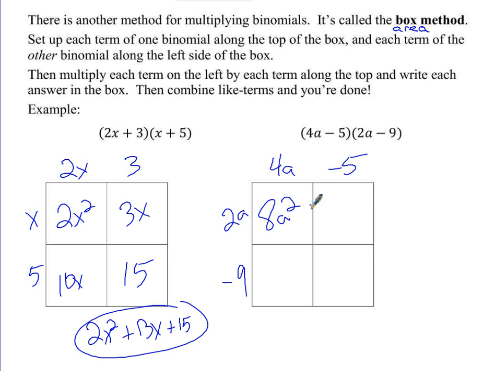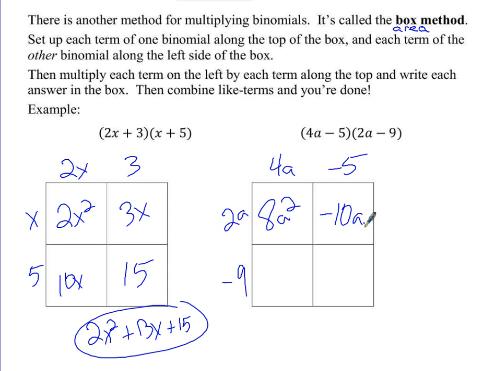So then I have this length, which is the same as this length. So that length right there is 2a. This length would be -5. So then I have 2a times -5, which is -10a for an area there.